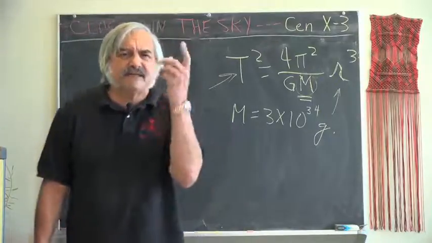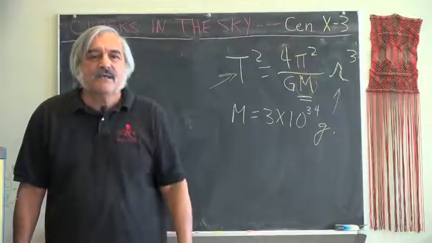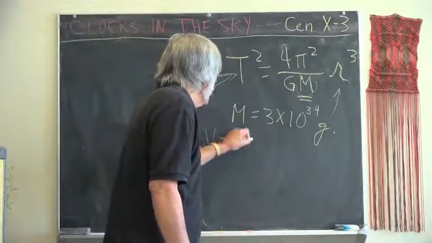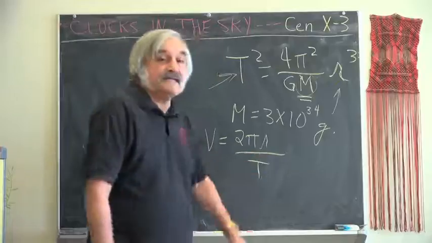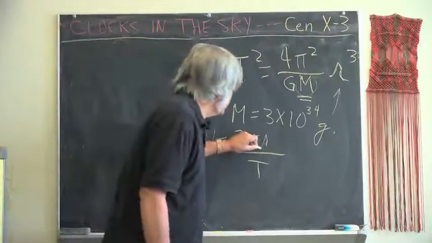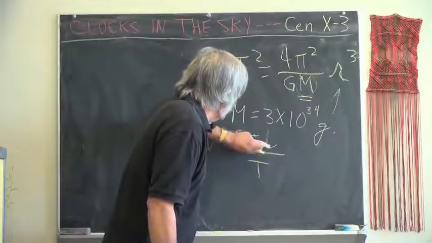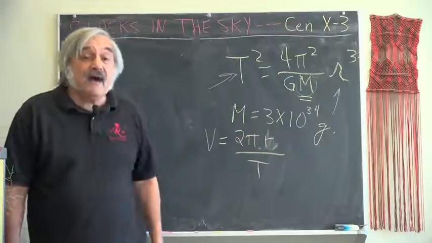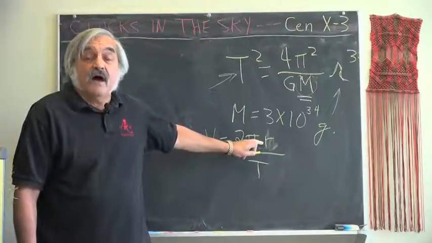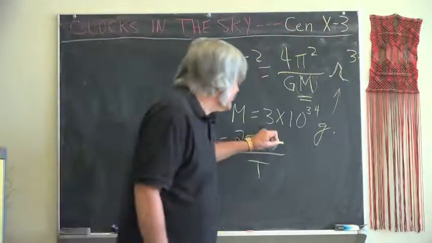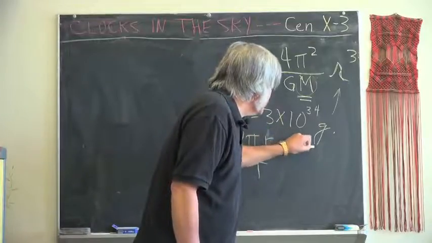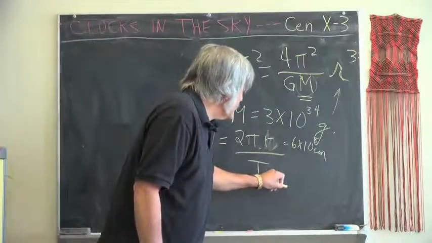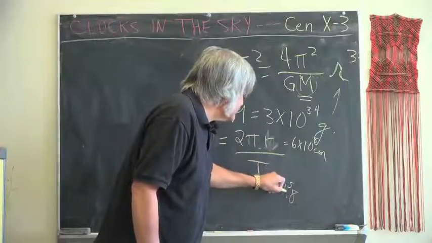If it's a white dwarf spinning around every 4.8 seconds, we know that its speed on the equator must be v equals 2 pi r over t, where r is the radius of a white dwarf, about 6 times 10 to the 8 centimeters, and t now is 4.8 seconds, right?